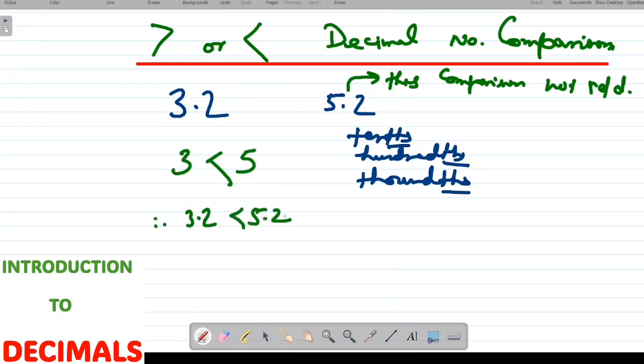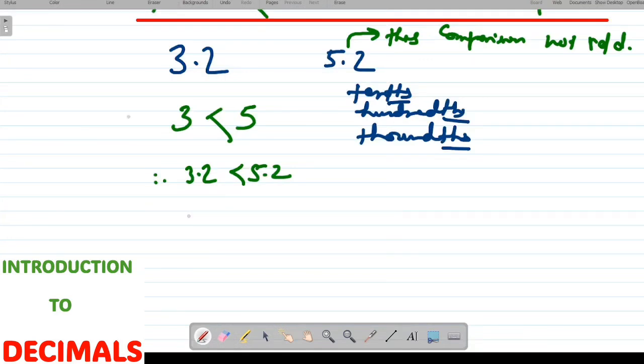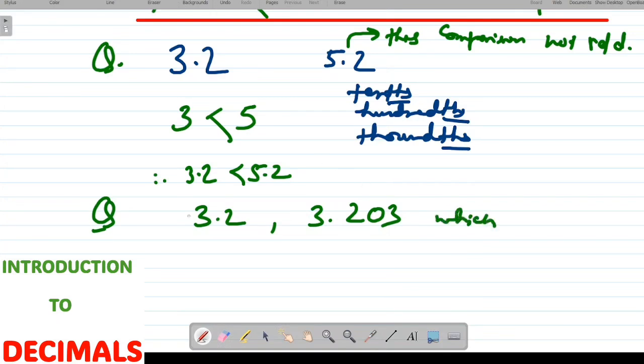It's very easy. But when we take another example, suppose we need to compare 3.2 and 3.203, then which is greater or lesser?